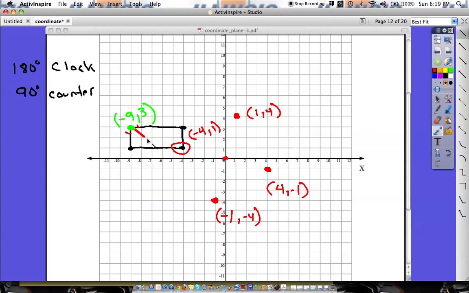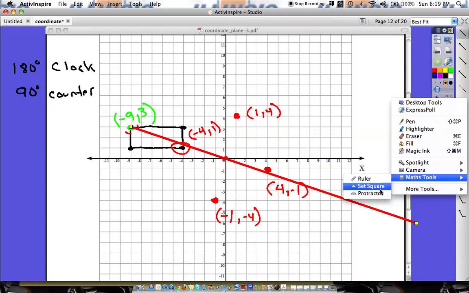So let's draw this line through the origin. Maybe I shouldn't make it red, so that kind of throws you off here. We'll do it in blue. And it's still red. That's alright, that'll be alright. Alright, so if that's one of my lines right there. Okay. And now I need my protractor back out so I can make my perpendicular line.